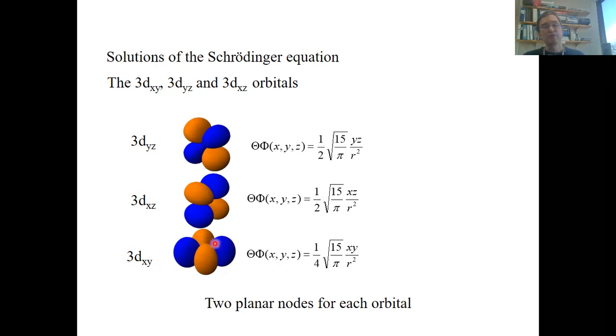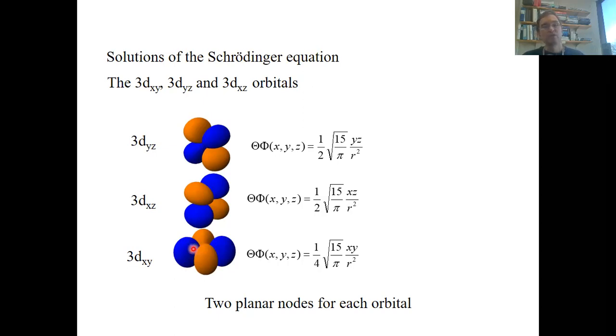But these two lobes are now located in between the axes, and two other lobes of the same algebraic sign are also now in between the x and the y axes. That is because the nodes are now on the x and the y axis. So that means that the 3dxy is actually rotated by 45 degrees relative to the dx squared minus y squared within the xy plane.